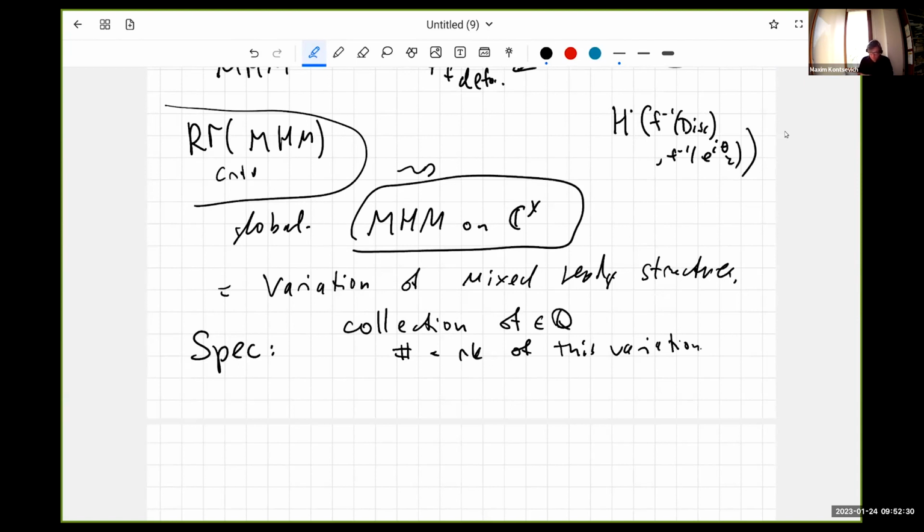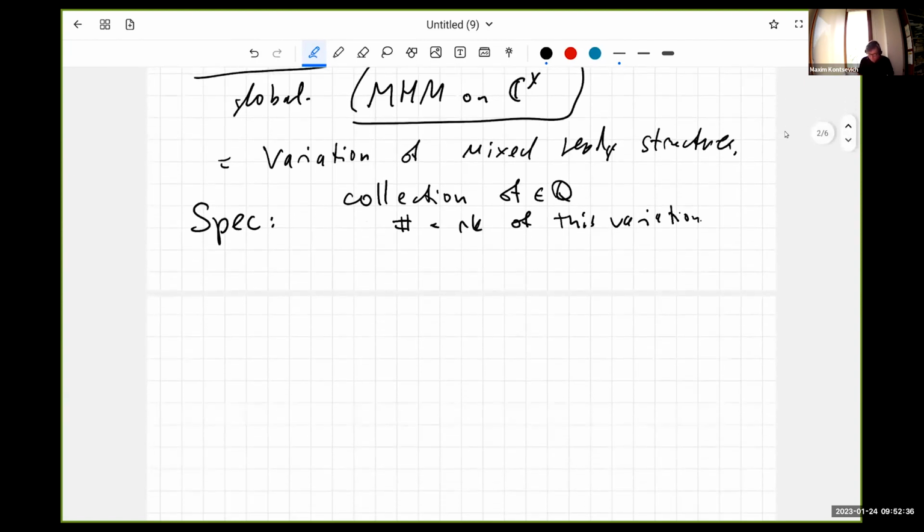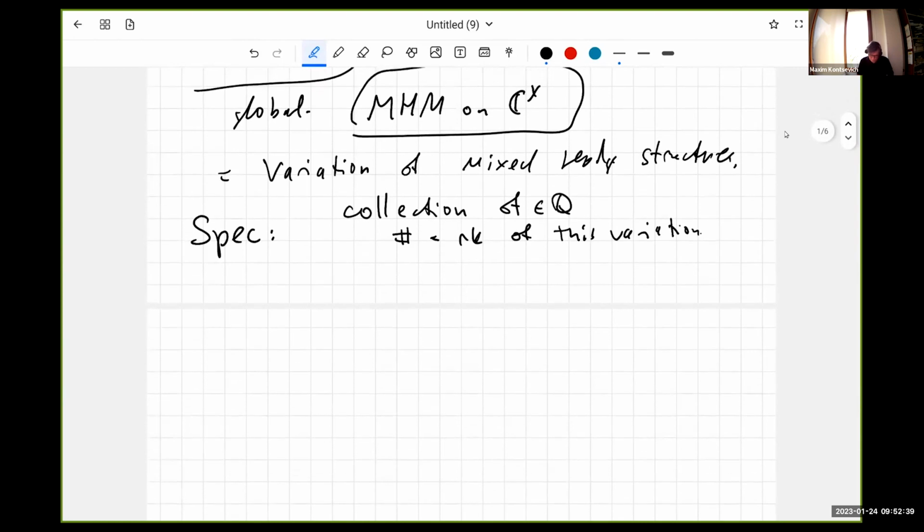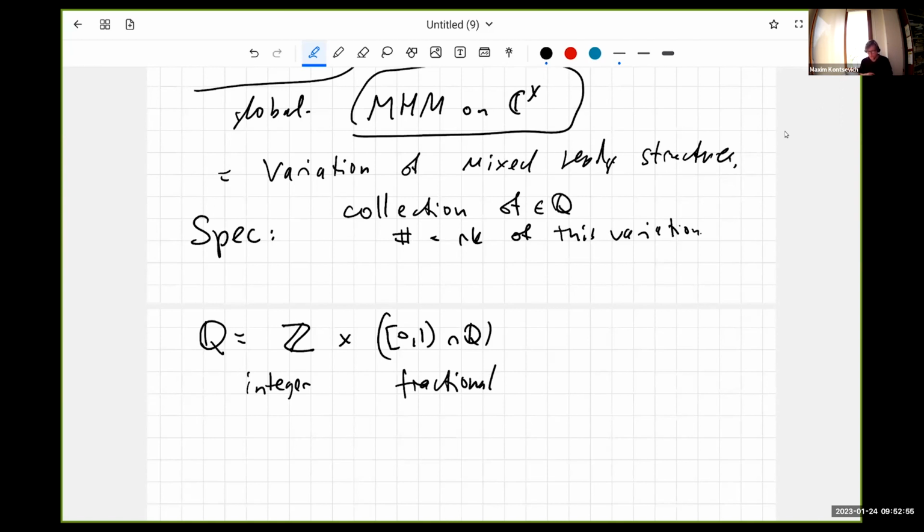And what is it? When you get a variation of mixed Hodge structures, let me start from the other side. What are rational numbers? Each rational number can be decomposed into an integer part and a fractional part. So where from this variation of mixed Hodge structures do we see the fractional part, and where do we see the integer part? The fractional part comes from eigenvalues of monodromy.